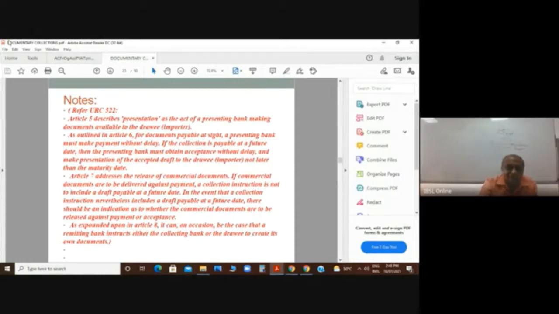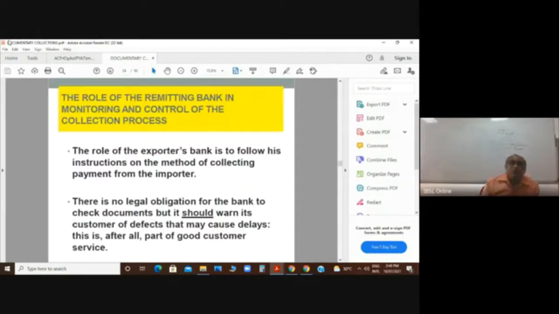Right. The role of the remitting bank in monitoring and controlling of the collection process. Now the role of the exporter's bank is to follow the instructions of the exporter and to follow up his actions as a remitting bank, right?